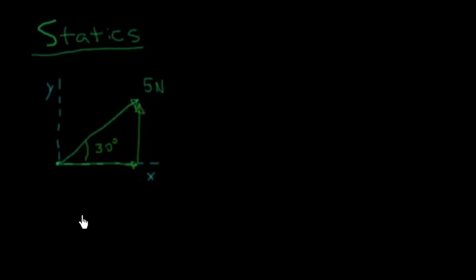Now to do this, we need to think back to our trigonometry, because we'll be dealing with angles and side lengths. We think of the magnitude of these vectors as the length of the side of this triangle.